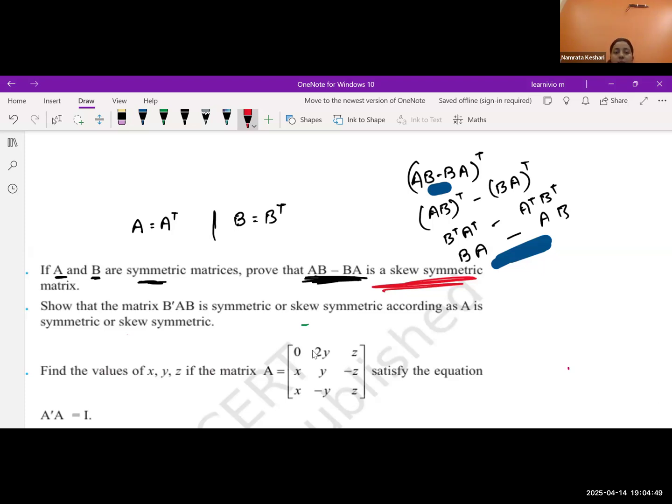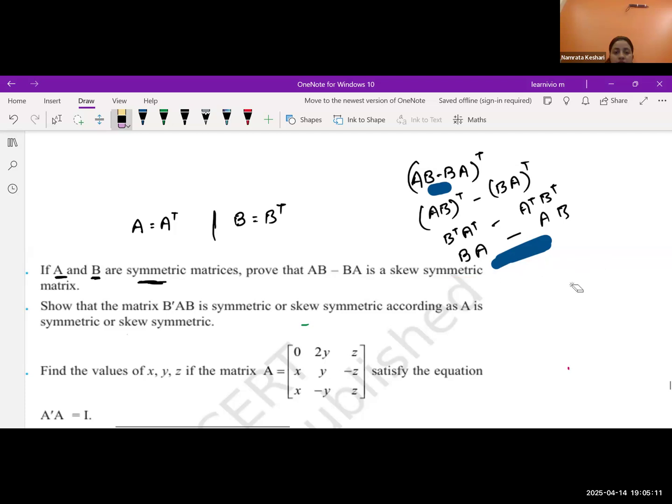show that B transpose AB is symmetric or skew symmetric according as A is symmetric or skew symmetric. What can be done over here, Ibrahim?